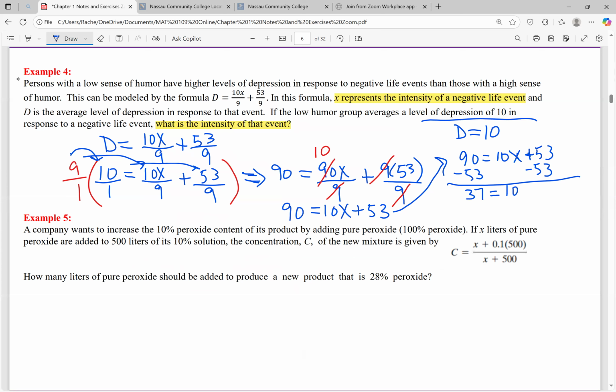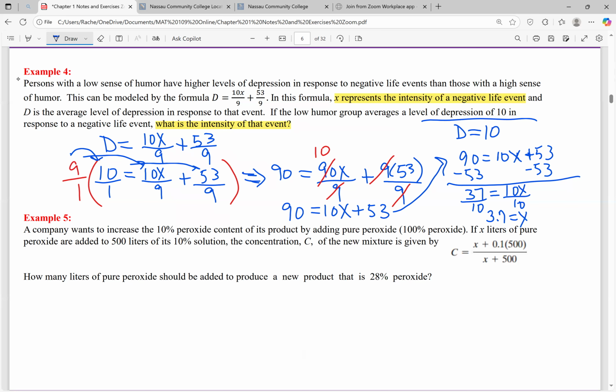Equals 10x. And then we want 1x, so let's divide by 10. 37 divided by 10 is 3.7. So x is 3.7, and that represents the intensity of that event.